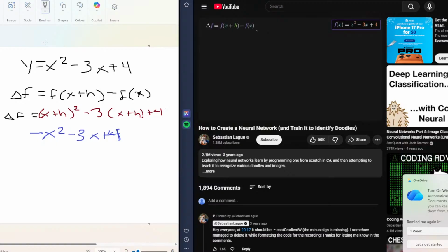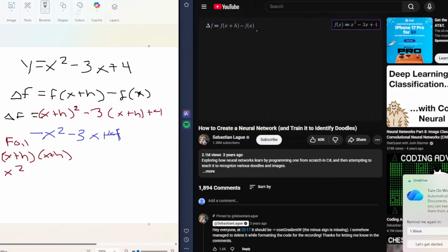Now we have to expand certain aspects of this. So first and foremost, you have x plus h times x plus h. And then I'm going to try to remember this, right? You have your FOIL rule. So you have your first, which gives you x squared.